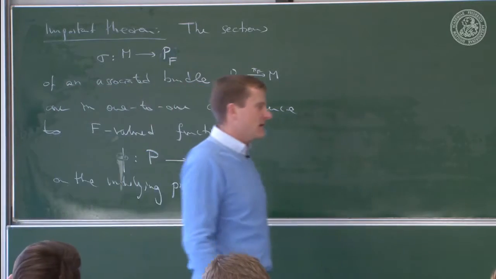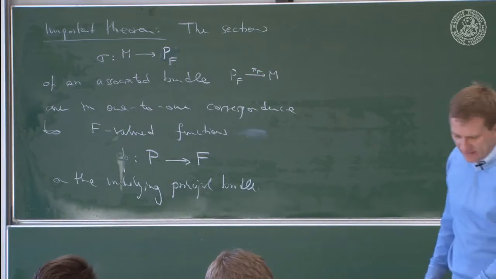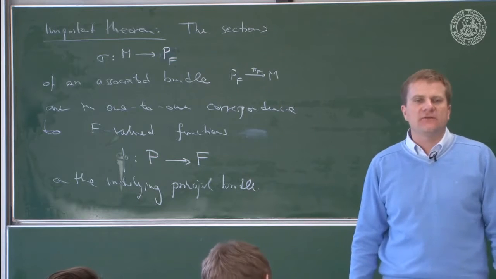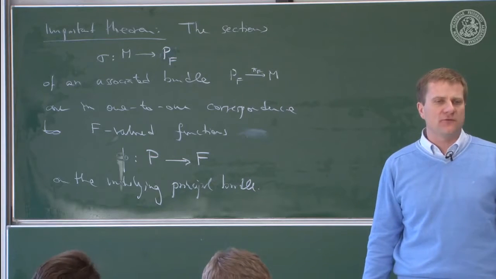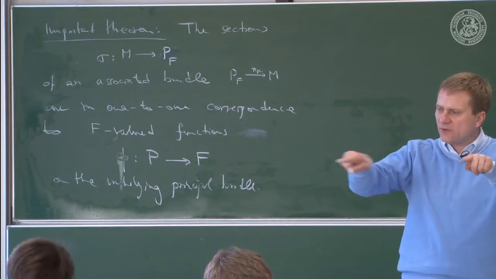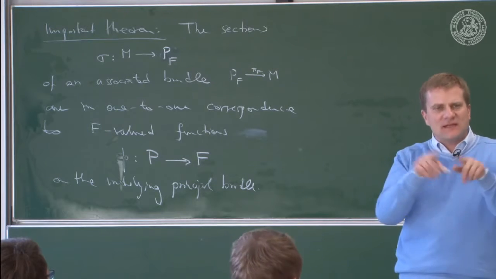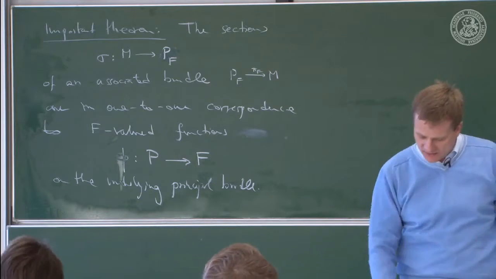So what does this mean? If we think of a vector field, we cannot necessarily think of it as a vector-valued function on the manifold. I mean, that's what our intuition is: at every point of the manifold, there is a vector. But a vector-valued function seems to be exactly this, but it isn't, because the section is not that.